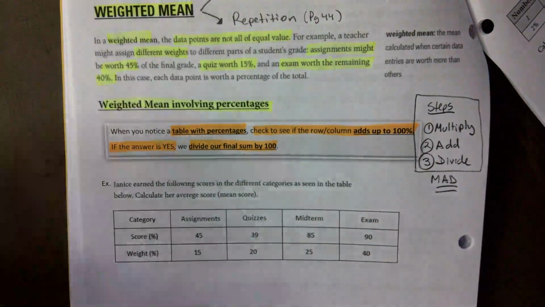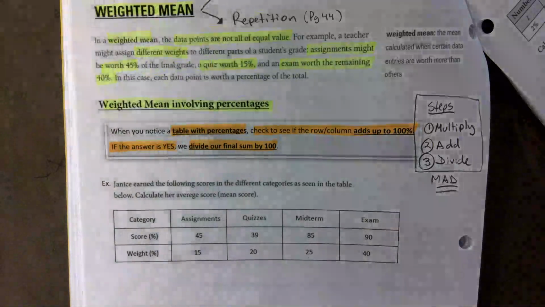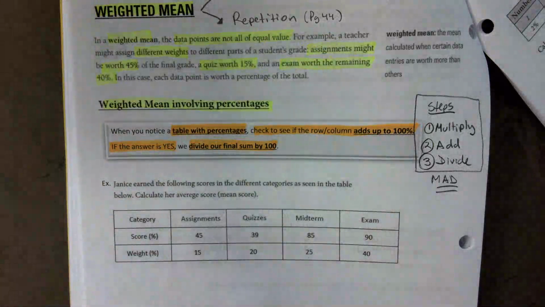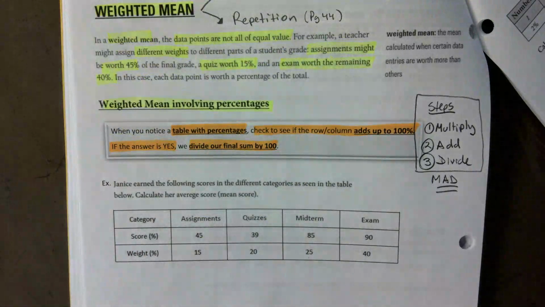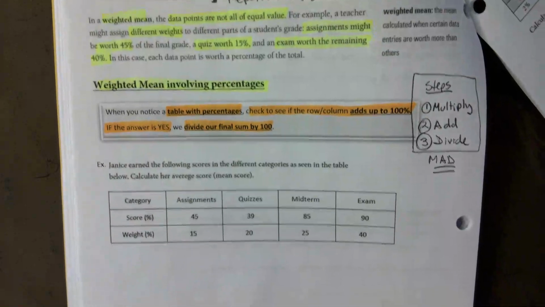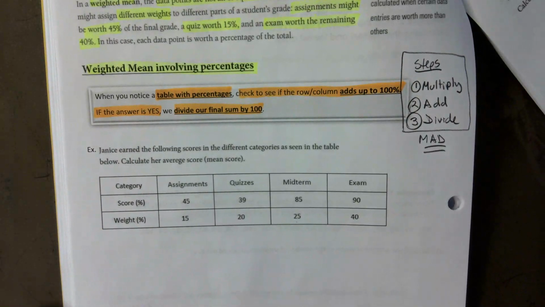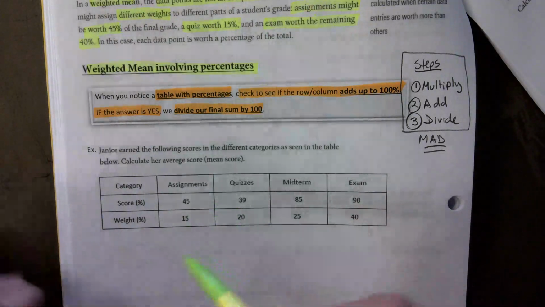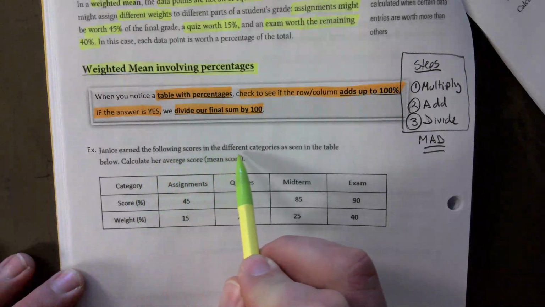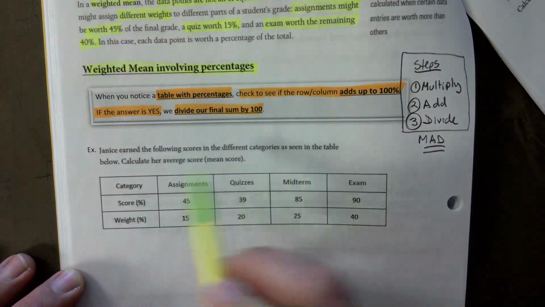Okay, so, and I have three different colors that I'm going to use, not right away, but as I go through it, if you have three different colors, it will help you visualize what I'm about to do here. So whereas before you just had individual numbers given to you, now you have it categorized like this. So Janice earned the following scores in different categories as seen on the table.